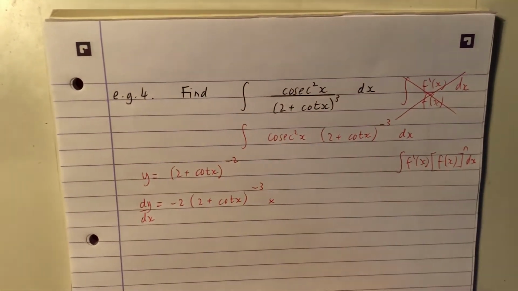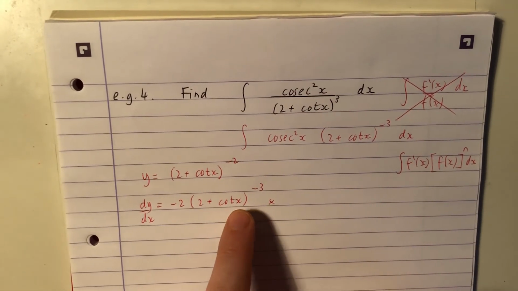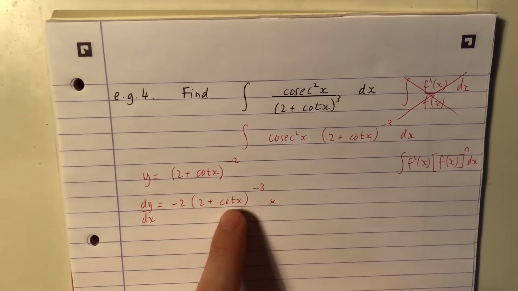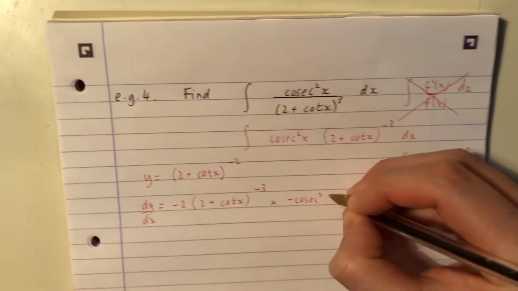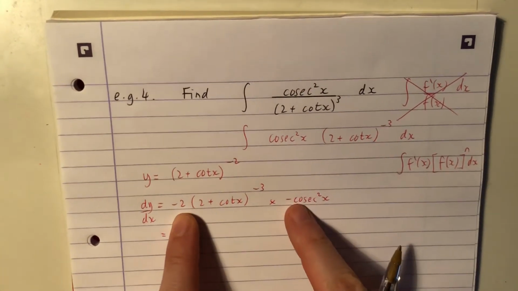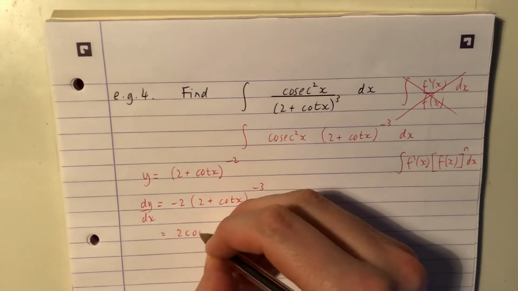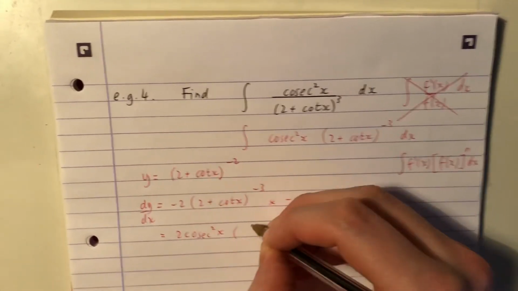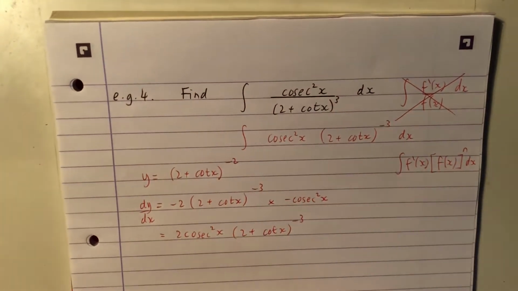But remember to times by that thing differentiated. What does cot x differentiate to? Negative cosec squared x. And this would simplify, 2 negatives make a plus. So 2 cosec squared x brackets 2 plus cot x to the power of -3.